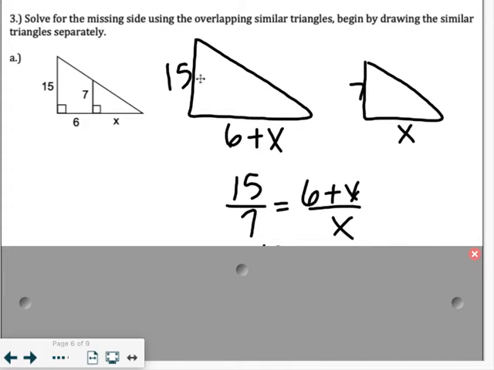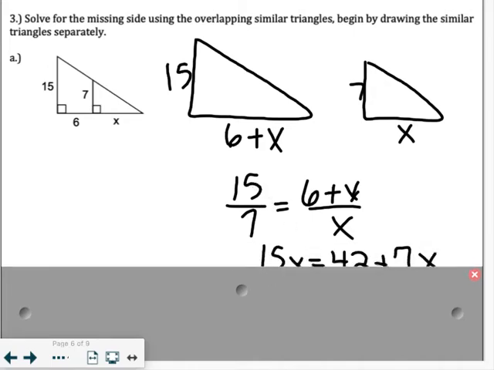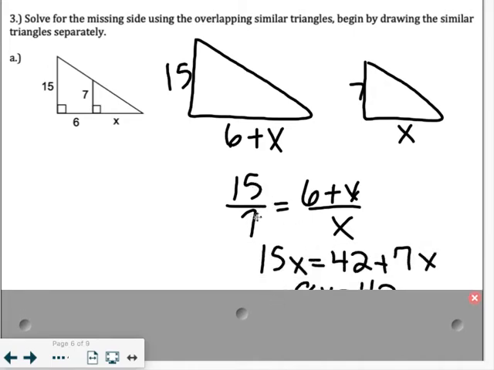So if I set this up, I might say 15 over 7 equals 6 plus x over x. Well, we're going to set cross products equal to each other first. So 15 times x, and then 7 times 6, and 7 times x.